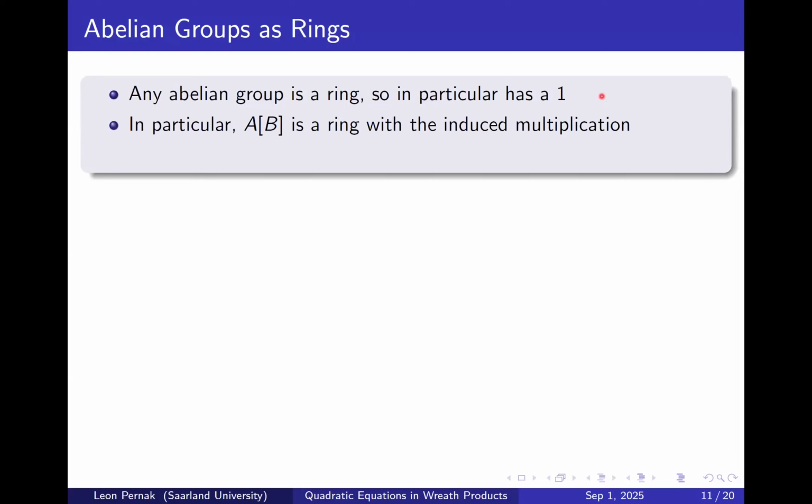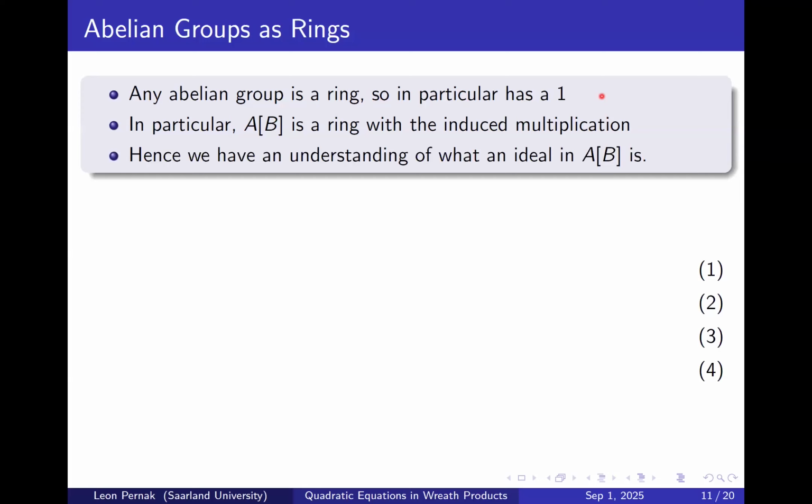Well, if A is a ring, then in particular A of B, so these formal sums, also become a ring with the convolution multiplication that everybody's used to, I think. So hence we can also say what an ideal in such a ring is, which I will be coming back to later on.